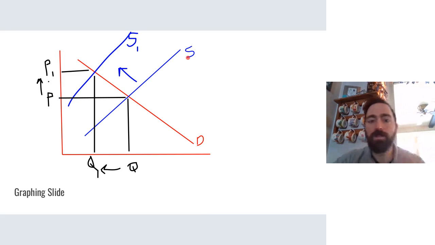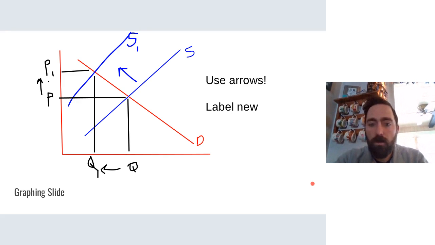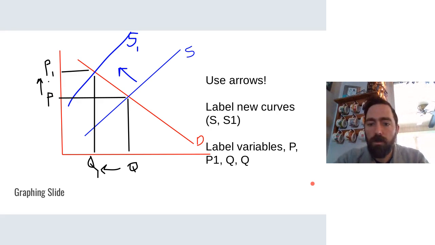Always label. Notice here, guys, I drew an arrow showing the direction of the shift. It's really important. So I'll put a few tips on the slide here. Use arrows if you want to write these down. Label new curves, S1. And also label your variables: P, P1, Q, Q1.